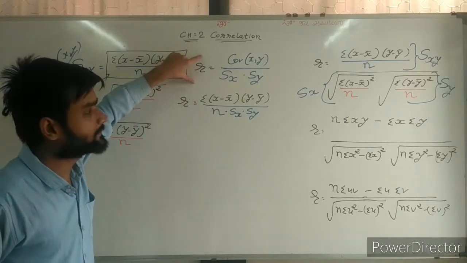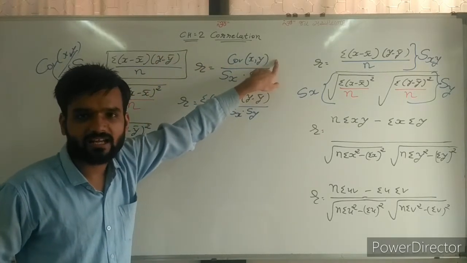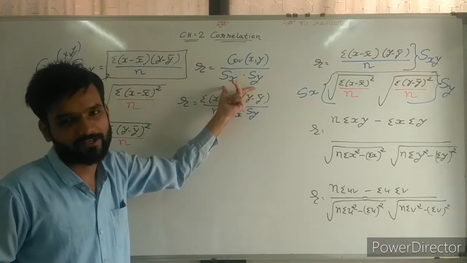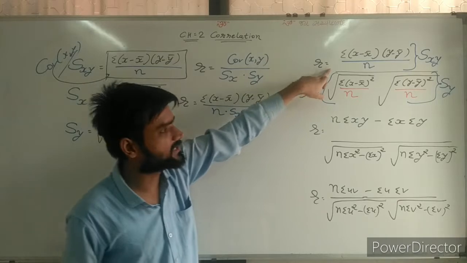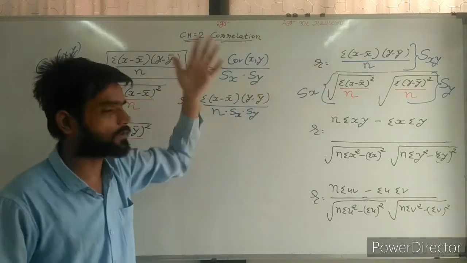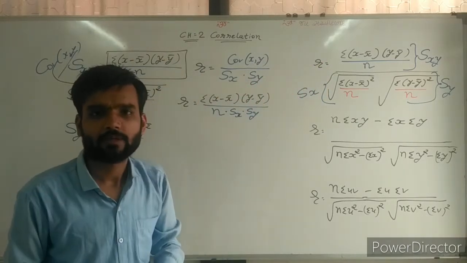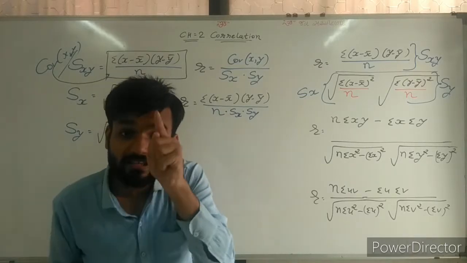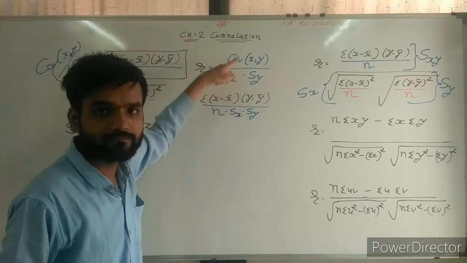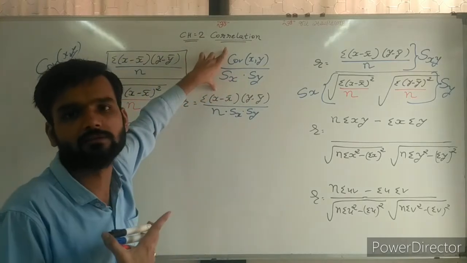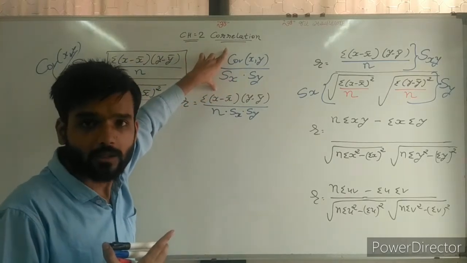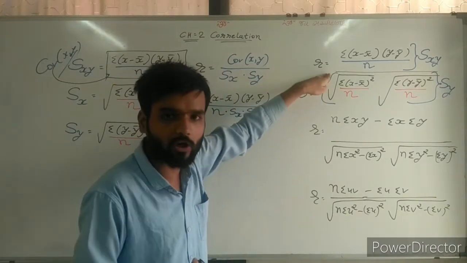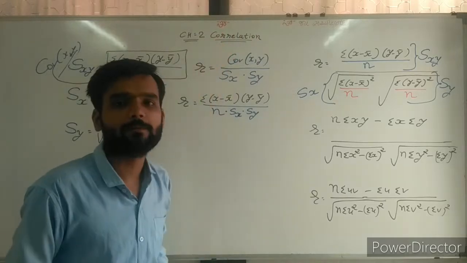So the first formula is covariance of xy divided by Sx into Sy. Actually, what is the reality? All of you know, this is the basic formula of Karl Pearson. But here we have done reverse. First we have done other formulas, on that basis we have made this formula.